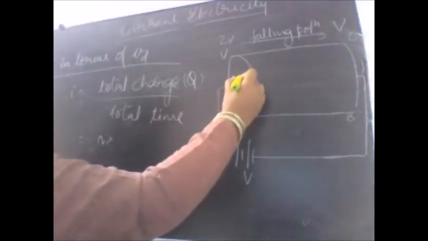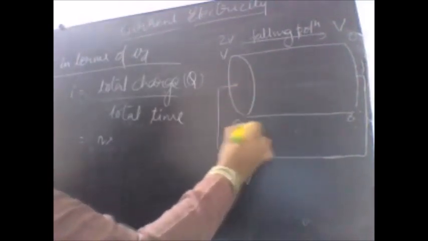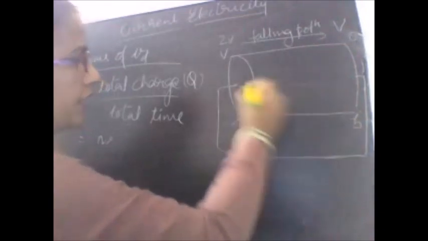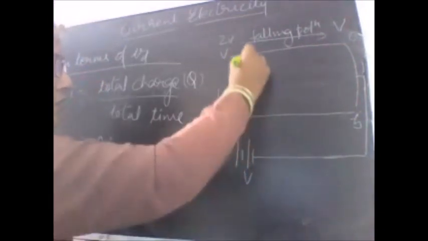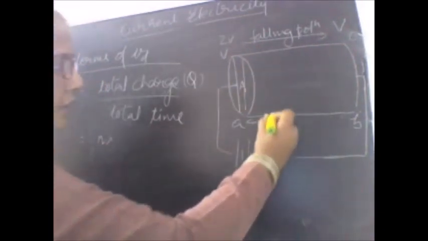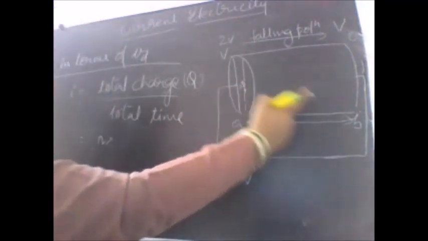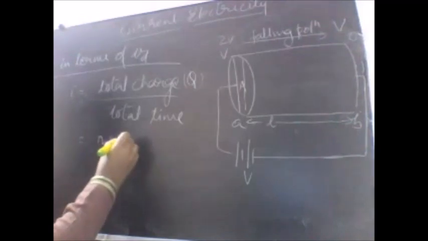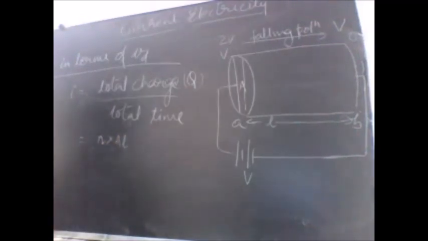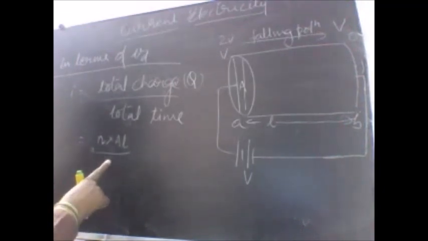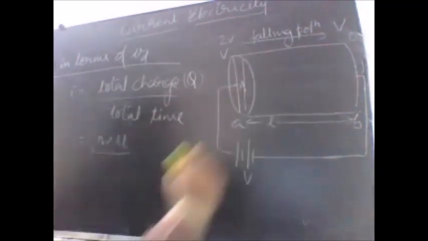I take the area here. Let me take the terminal to be A and small b, and let us take the area here, capital A, and the length of this wire is L. So what is the volume of this conducting piece? Volume of this conducting piece is AL. So this total becomes the total charge in this piece of wire.